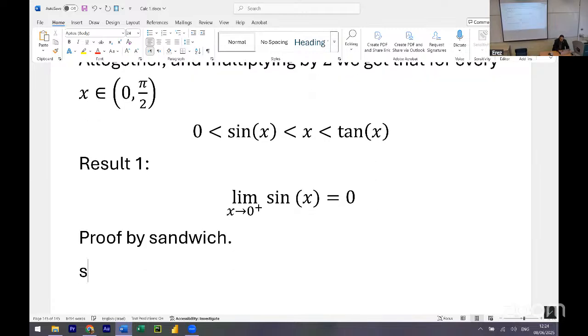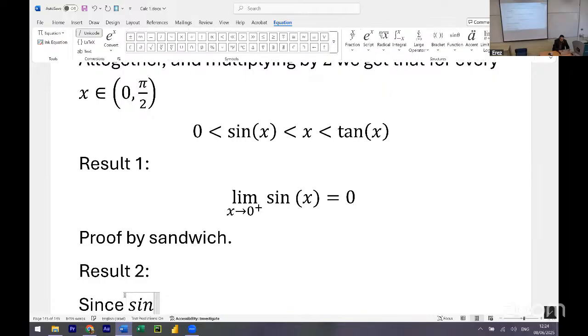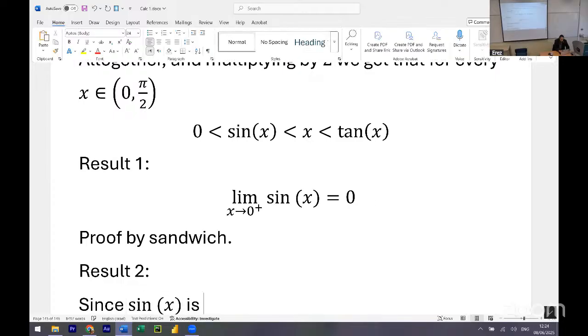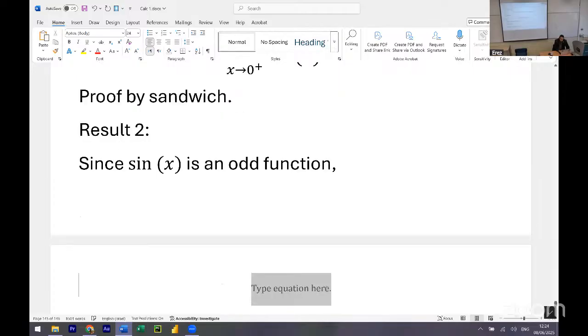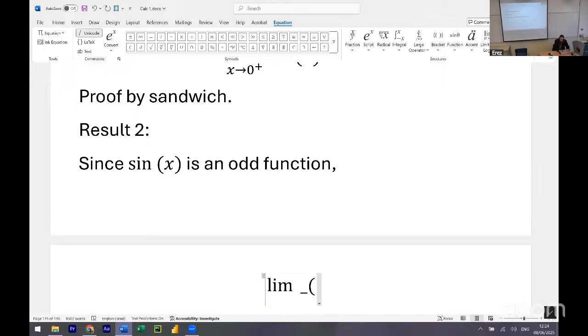Result 2, since sine of x is an odd function, the limit from the left-hand side is the negative of the limit of the right-hand side.